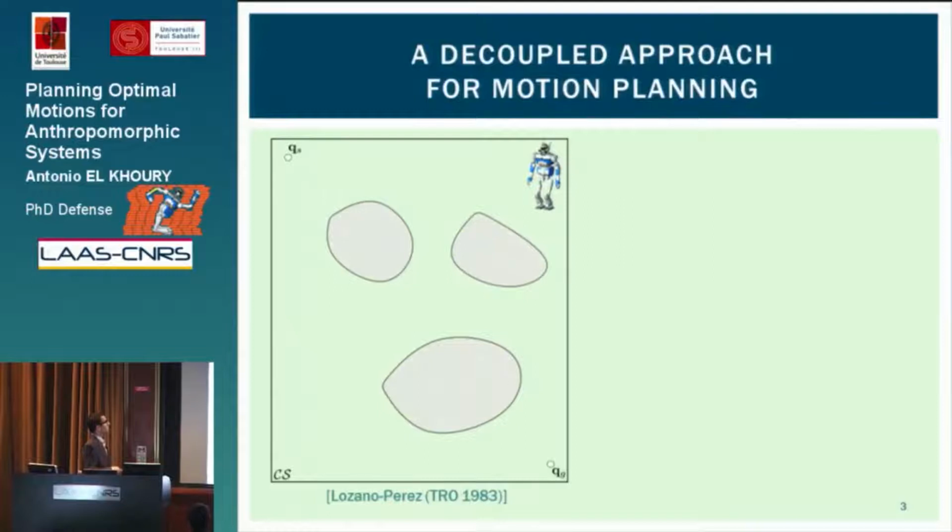So the main approach that we consider is that instead of planning motions in the 3D space of the system, we will place ourselves in a simpler, easier space that we can consider. This is what we call the configuration space. A configuration space is such that each point of the space represents uniquely the whole position of a system.